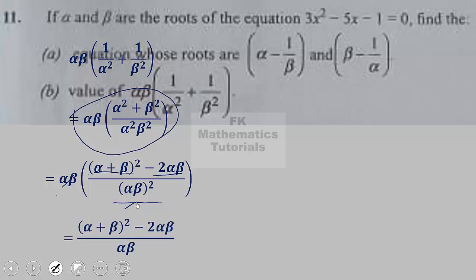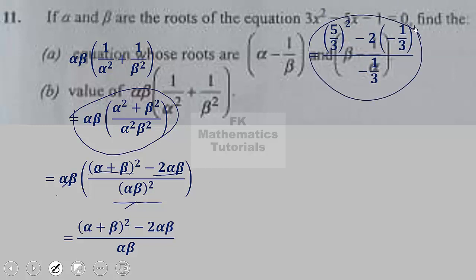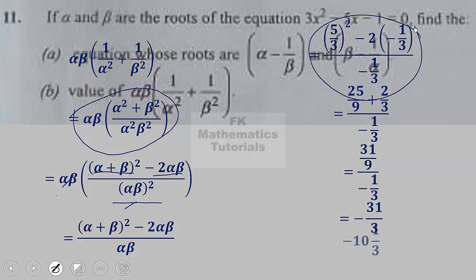So we substitute to obtain this expression here. And when we simplify this expression, we will get this, which eventually gives us negative 31 over 3 or negative 10 whole number 1 over 3.